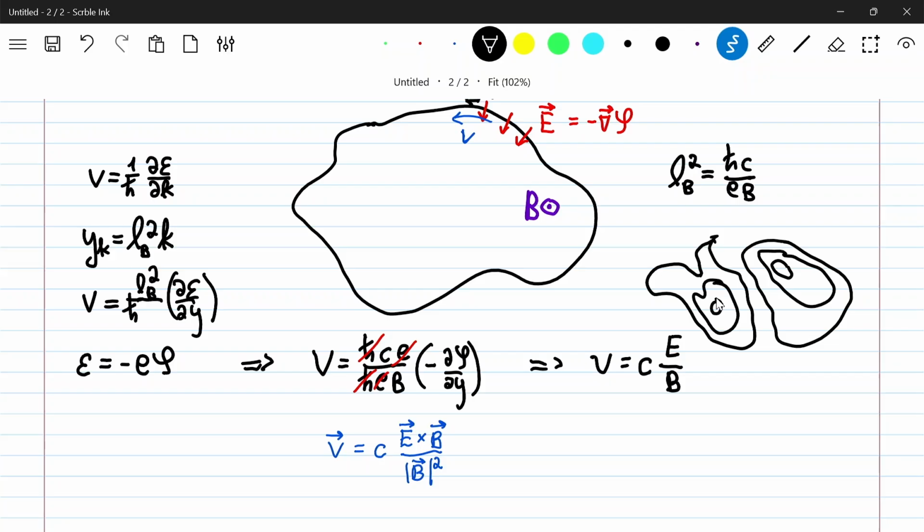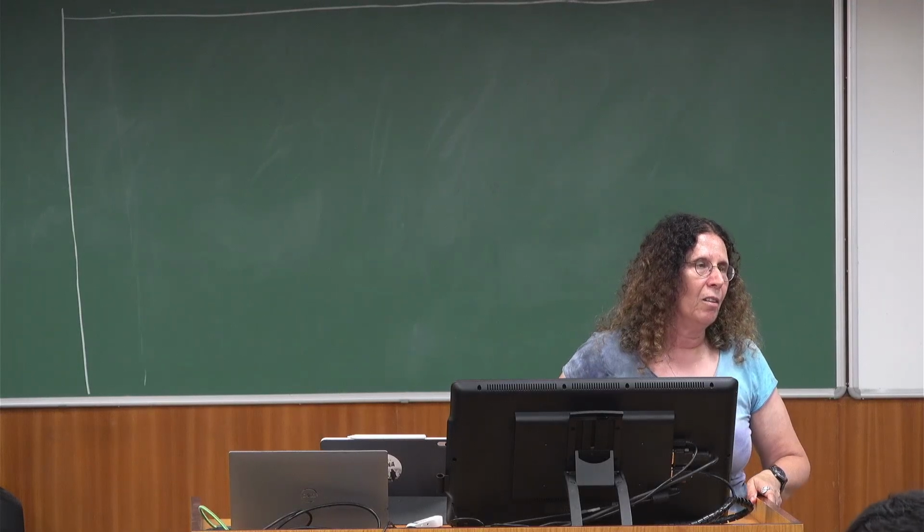But the wave functions of electrons in a strong magnetic field always follow equipotential contours. I'm cheating just a little bit, because it does assume that the potential changes smoothly on the scale of a magnetic length. Otherwise it's a little more complicated, and you get localization. But that's the picture.